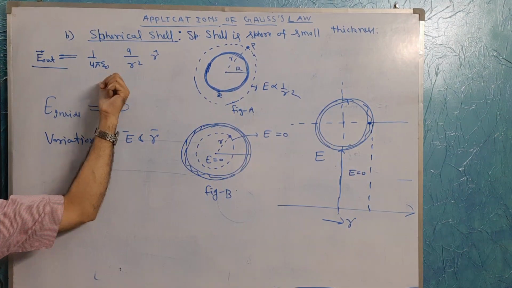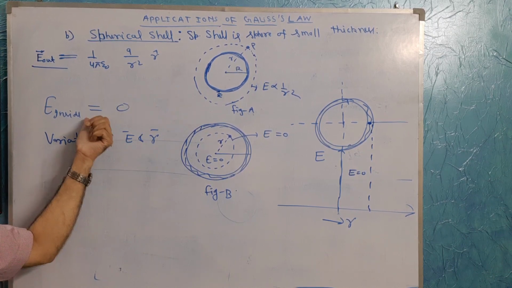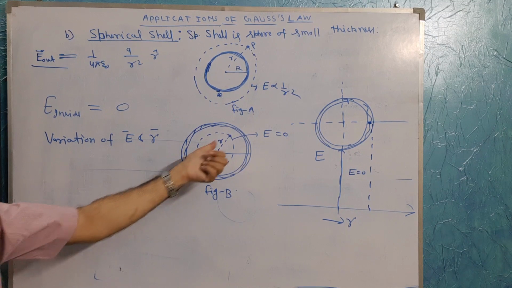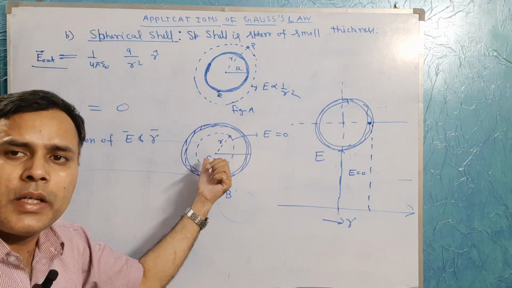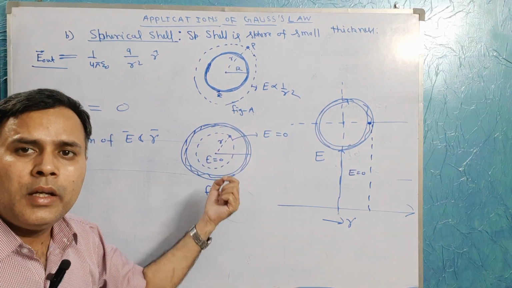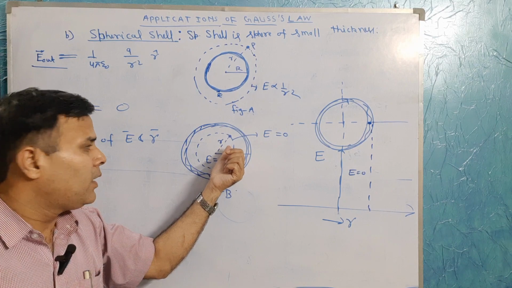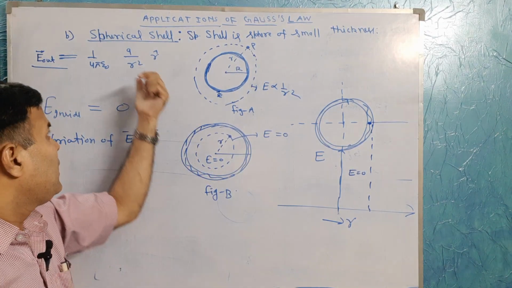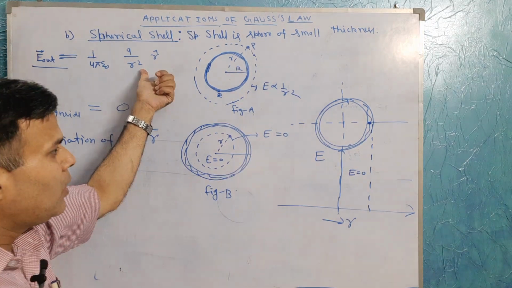Outside the electric field follows this profile. Inside it is 0 because charge resides only on the surface, so there is no charge enclosed inside the spherical cell. Therefore the electric field due to a charged spherical cell at any inside point is 0. But outside it behaves as a point charge and follows the profile E proportional to 1 by R square.